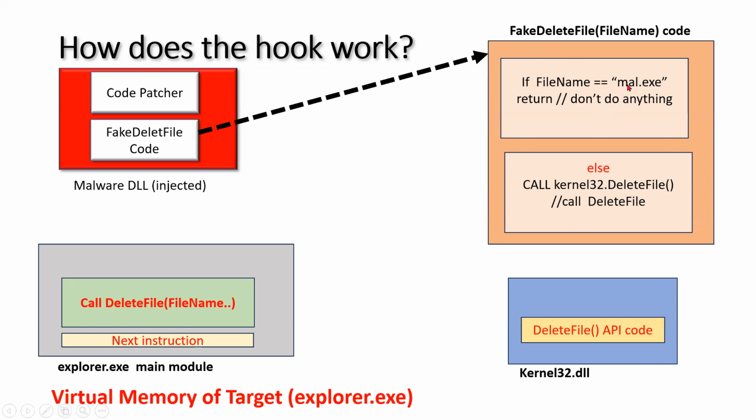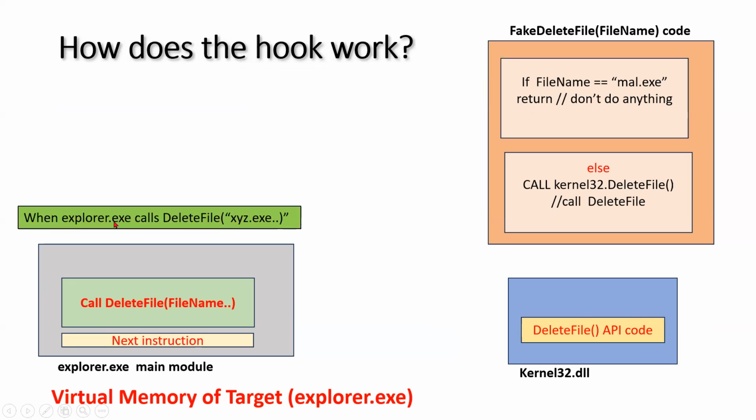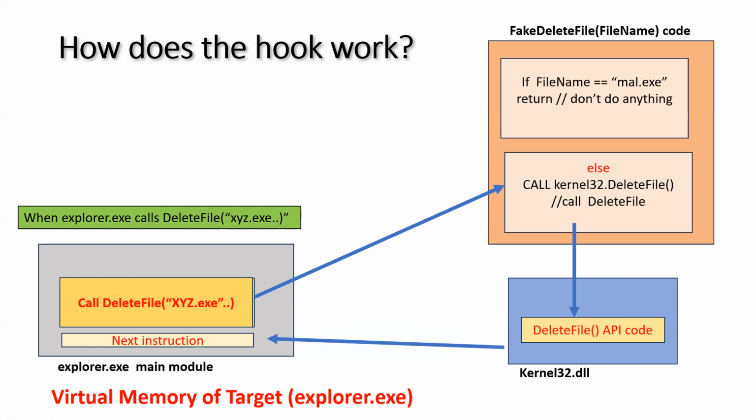But if some other file is being deleted instead of mal.exe, then the original DeleteFile is called. So when explorer.exe calls DeleteFile on, say, xyz.exe, this particular code is called, which calls the original DeleteFile, and xyz.exe is deleted. After that, the code returns here.